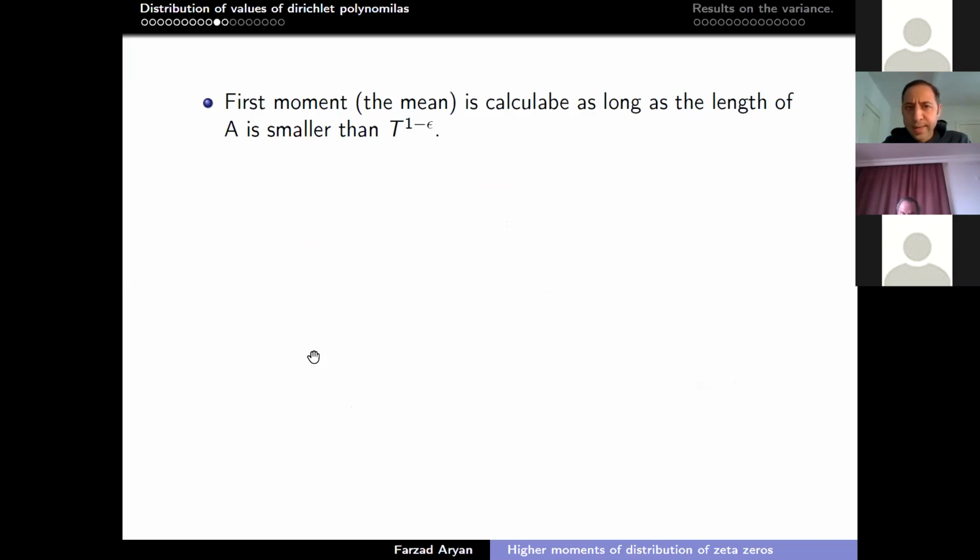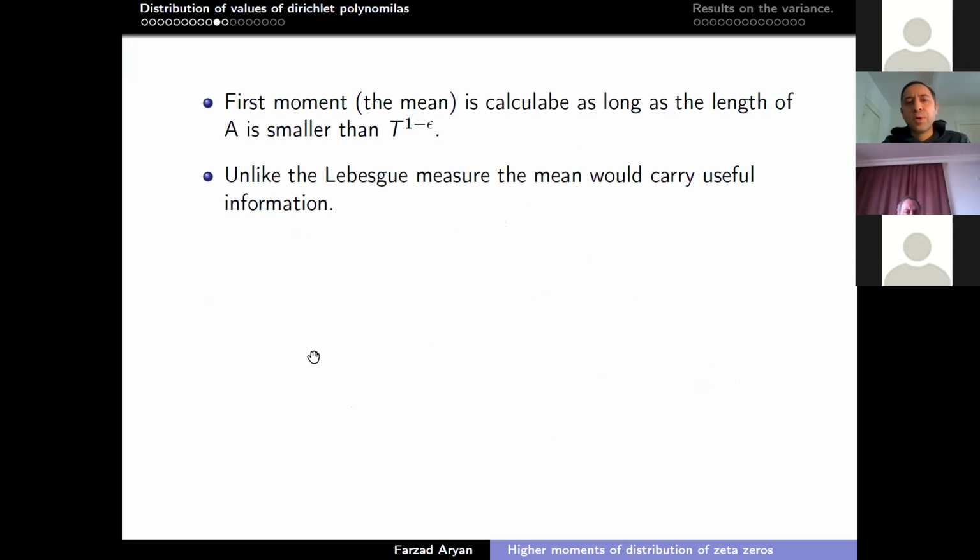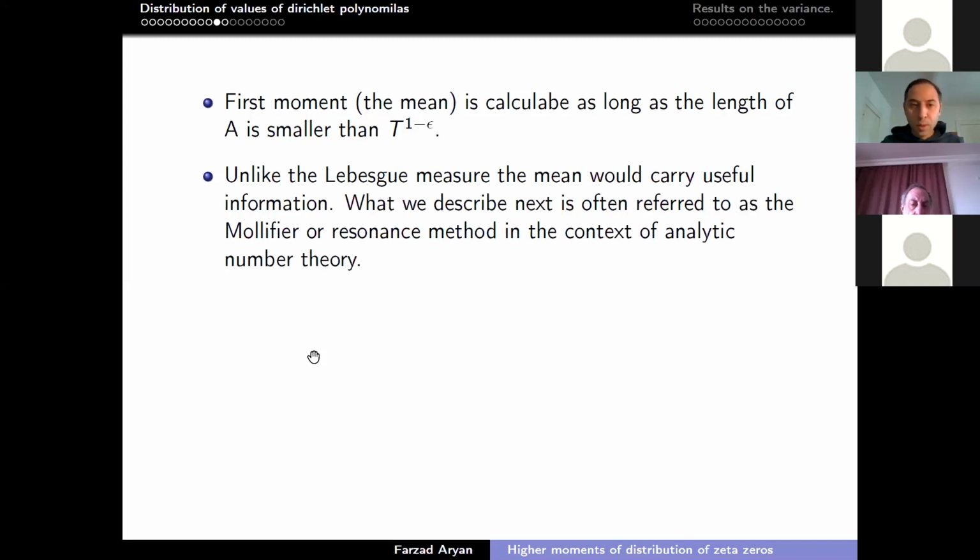So as I said, the first moment is calculable as long as the length of the measure, or the mollifier, is smaller than T to the 1 minus epsilon, basically. But unlike the Lebesgue measure, the mean gives you important information. So as soon as a limitation hits, you know that you are up to something.